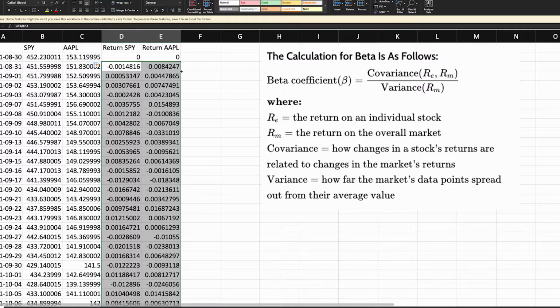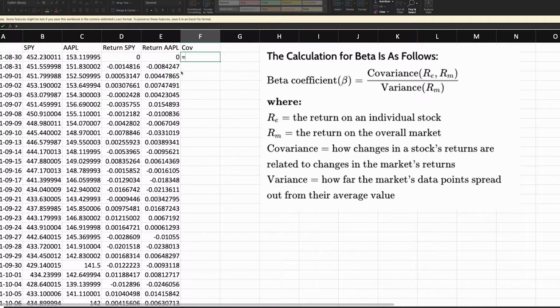Now let's go ahead and calculate the covariance between these two stocks. To calculate covariance, we can use a built-in formula in Excel, which is equal sign COV. You can see COVARIANCE.P and COVARIANCE.S both work. .P means for the population and .S means for the sample.